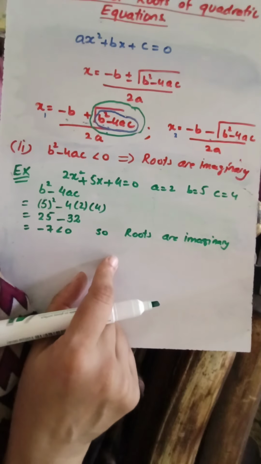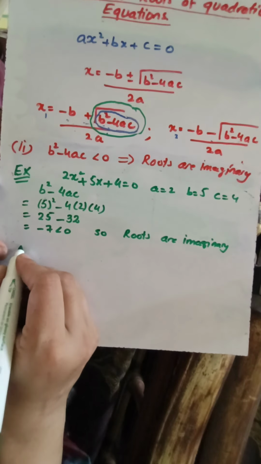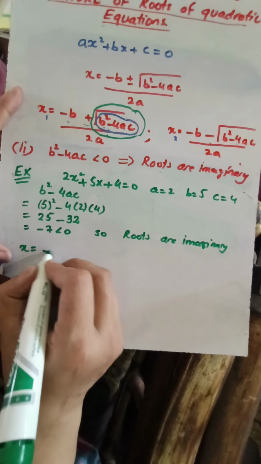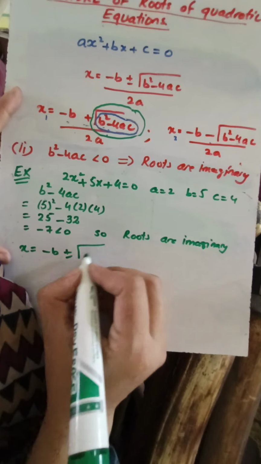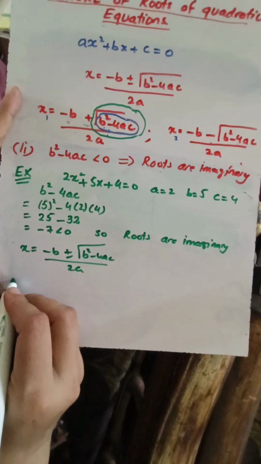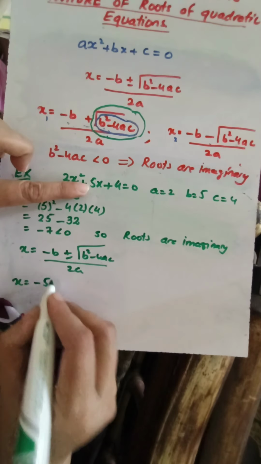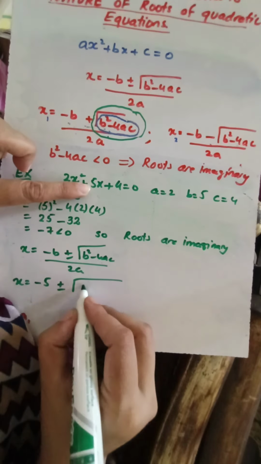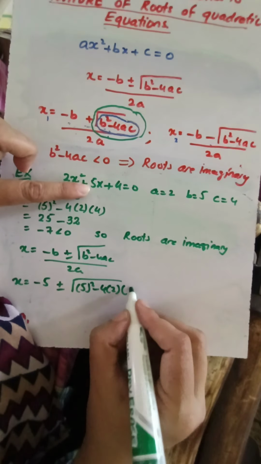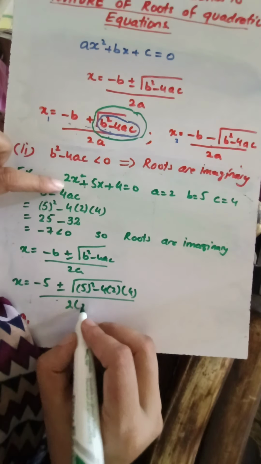Now let us prove it by this example. Let me calculate the values of the roots. In order to calculate the values of the roots, I will need the quadratic formula, which is minus b plus minus under root b square minus 4ac over 2a. So x will be minus b, b was 5, negative 5 plus minus under root 5 square minus 4 into a into c over twice of 2.